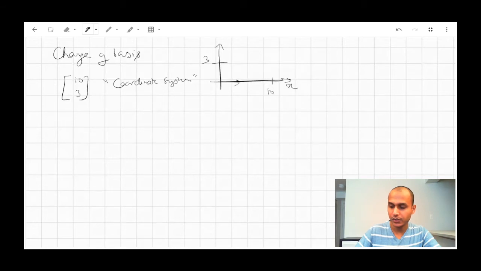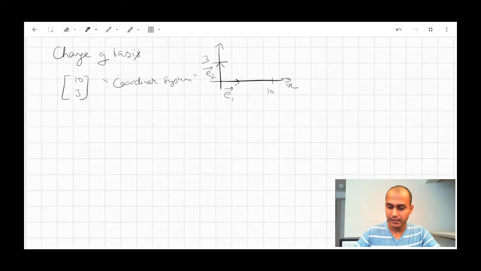So I implicitly assume that this x-axis which is going towards the east has this unit basis vector, and the y-axis has this unit basis vector e2, and 3 units of the second vector and 10 units of the first vector is this representation when I write 10, 3.